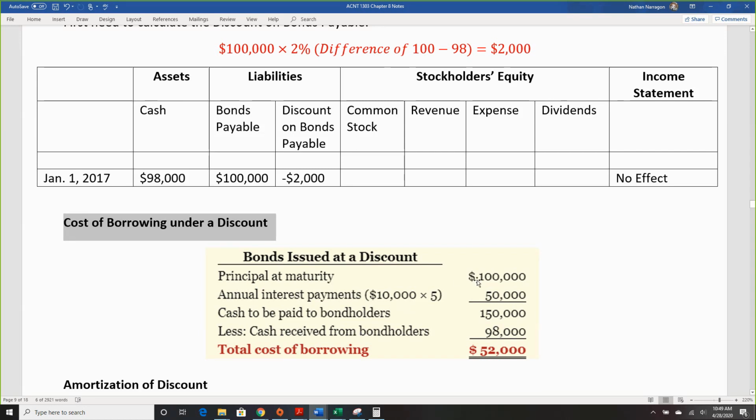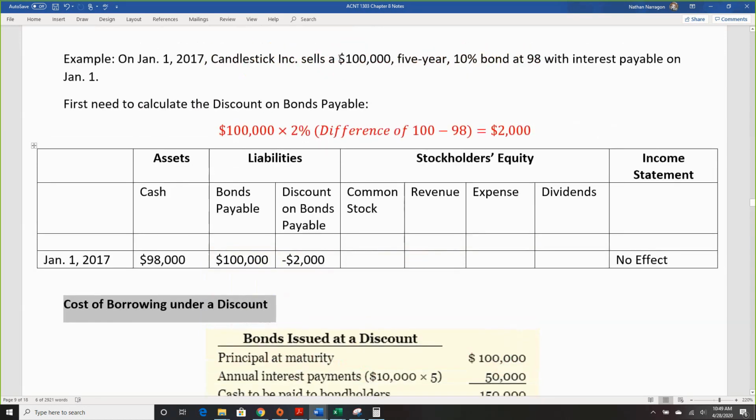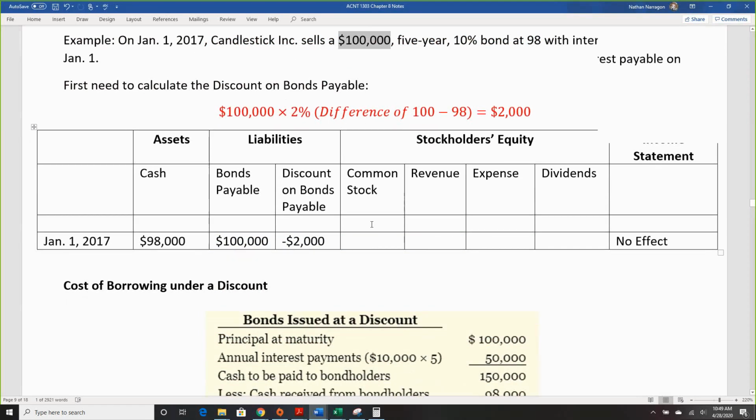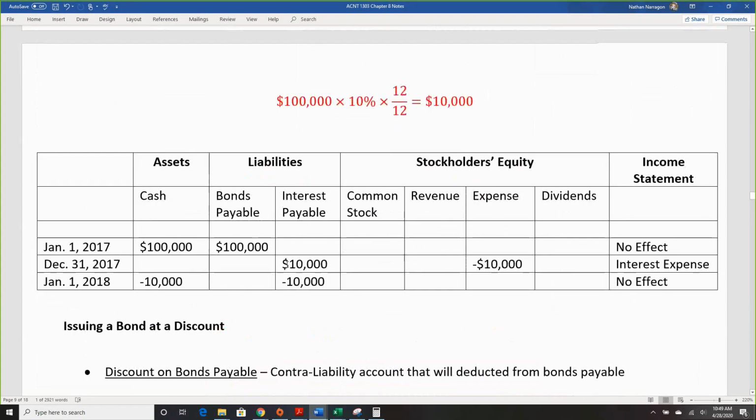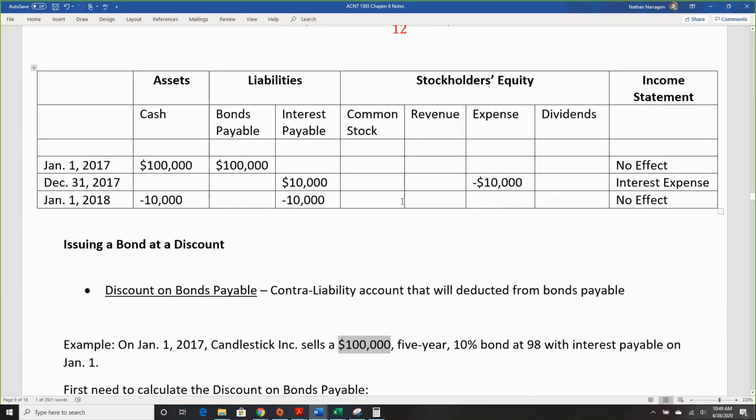Principal at maturity, basically, again, 100,000. Since we know interest, you can calculate your interest at the end of the year. Since we already basically did the formula up here, this is the same bond, just issued at a discount instead of par.